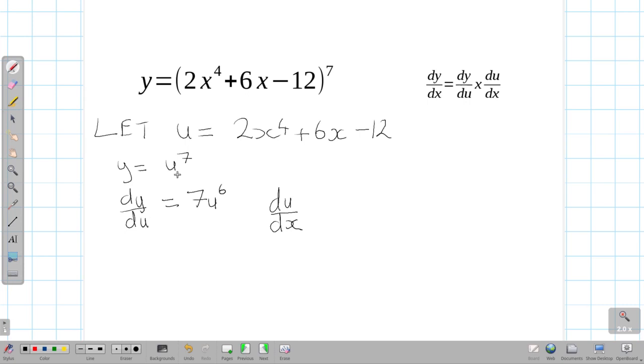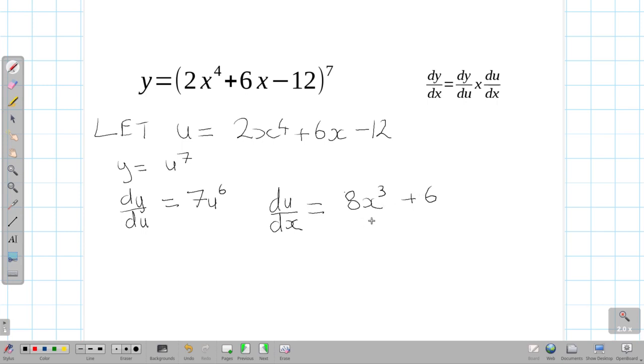Same thing happened here: the independent variable is the u, and the dependent variable is the y, so that goes on the top and bottom. Okay, let's do it. So 2x to the 4 is simply going to be 8x to the 3 plus 6. And the 12 is a constant, no x there, so remember anything with no x just disappears, goes to 0.